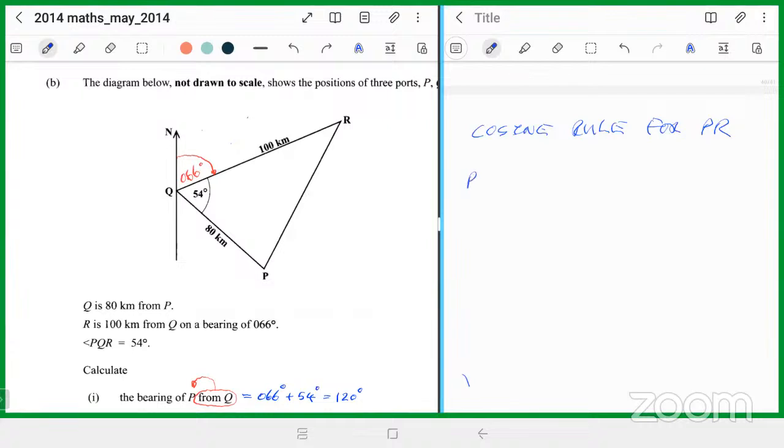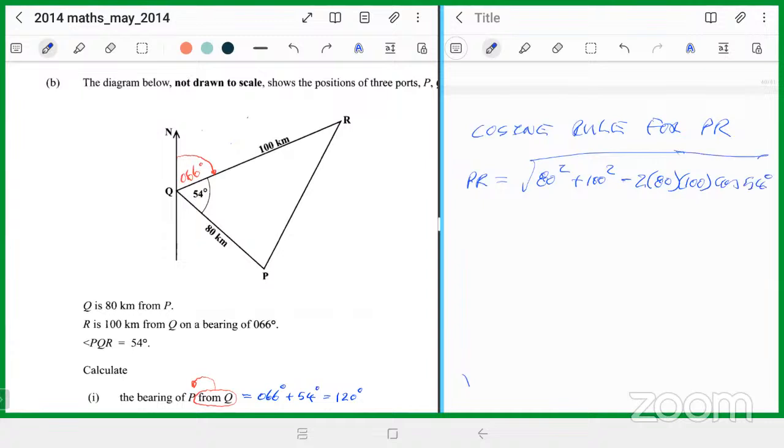PR equals the square root of 80 squared, that's this side squared, plus 100 squared, like Pythagoras' theorem. Start out like Pythagoras' theorem, then subtract a piece: subtract twice the 80 times the 100 times the cosine of the angle between them, which is 54 degrees.